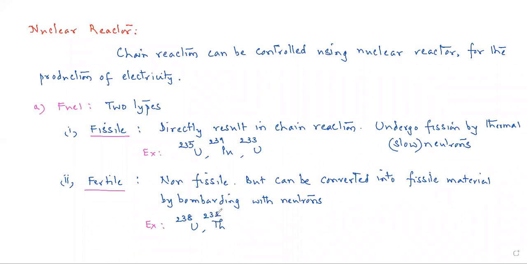Fissile fuels are direct and undergo fission with thermal neutrons; fertile fuels are indirect and undergo fission with fast neutrons. This is how the fuel is of two types.